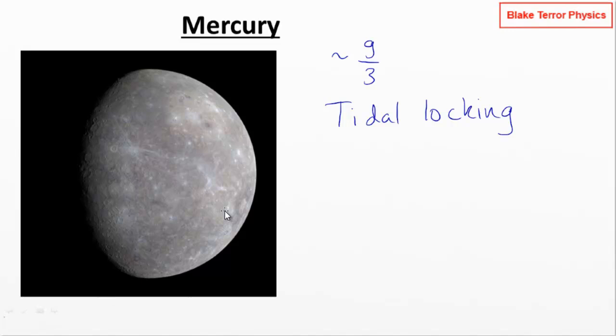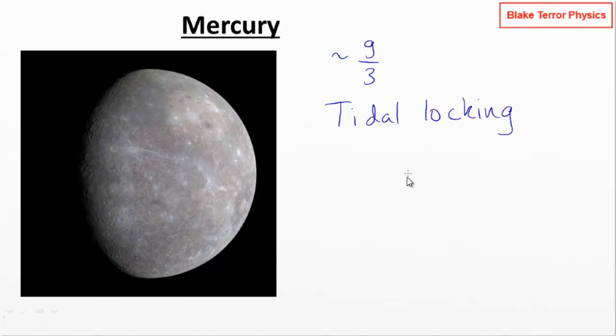It orbits the sun every 88 Earth days, and you'll get close to a whole orbit of having the same face just pointed towards the sun. So it has its own form of tidal locking, and it has quite an eccentric orbit for a planet.